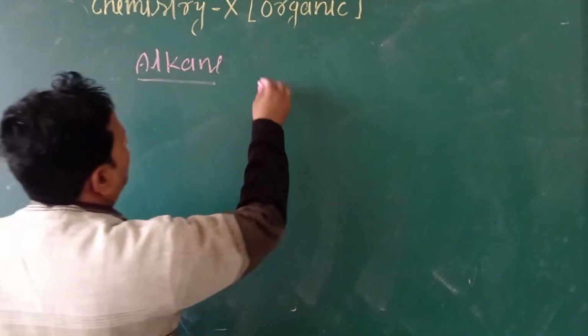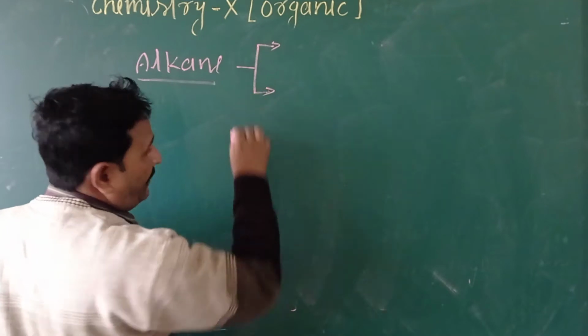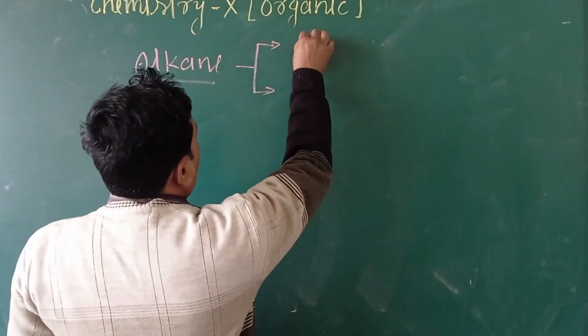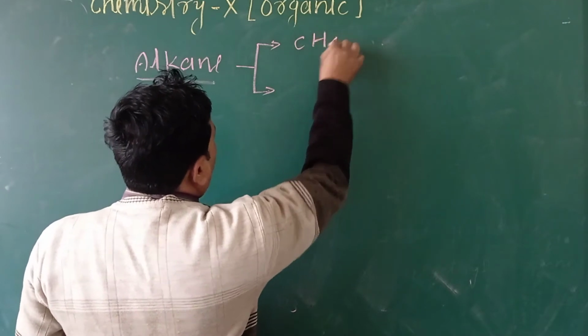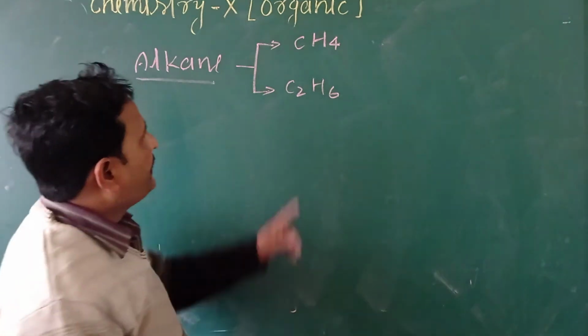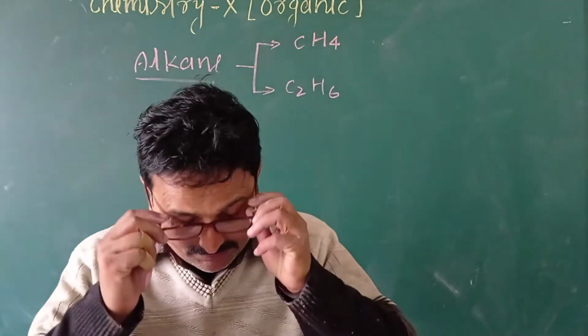In alkane, we have to study that alkanes are generally known as paraffin. Its first compound is methane and the second compound is ethane. Methane is the first member of the alkane series. Page number 228 in your book.